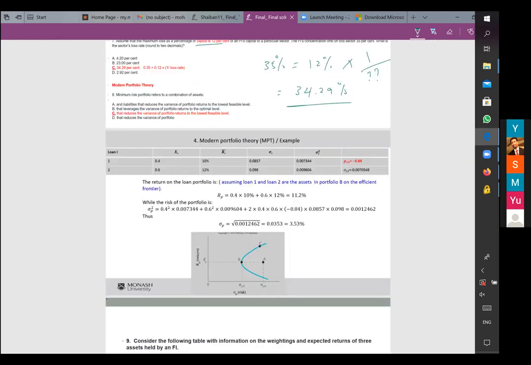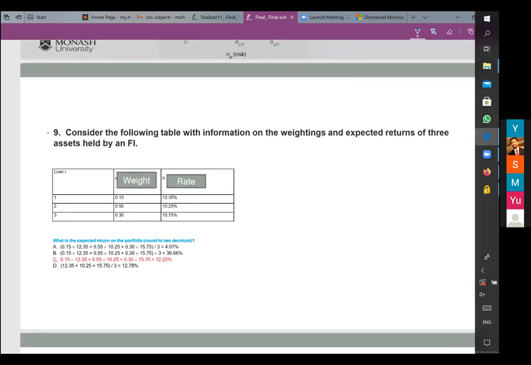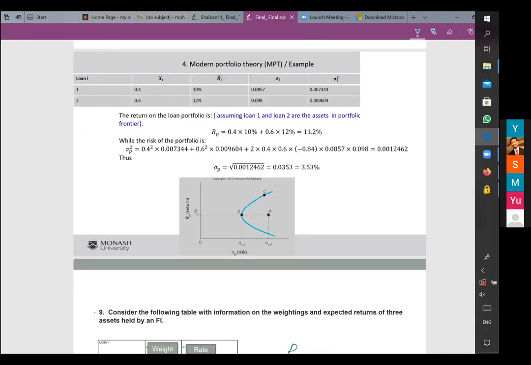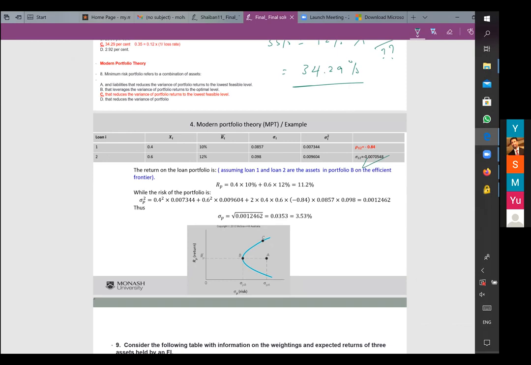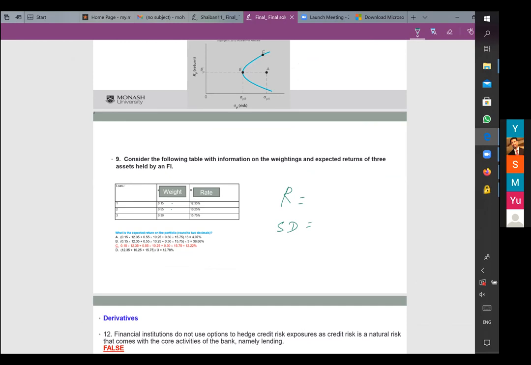This is just for modern portfolio theory. I will not ask you, but you calculate the weight, we can calculate the R, and we can calculate the standard deviation. We have two formulas, and I want you to look at this. This is how we calculate the R, which is the weights, and this is how we calculate the standard deviation. Now, for example, if we have loan 1, loan 2, loan 3, this is 100%, and they represent 15%, 55%, 30%.